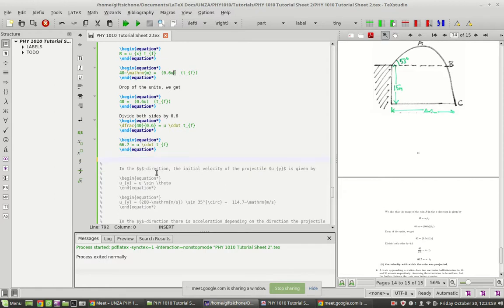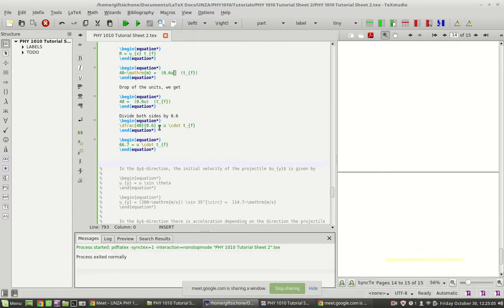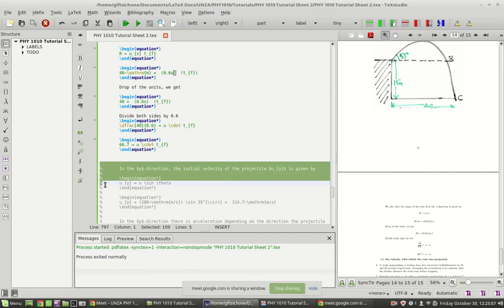We go to the y-axis. Okay, we shift our attention to the y-axis.